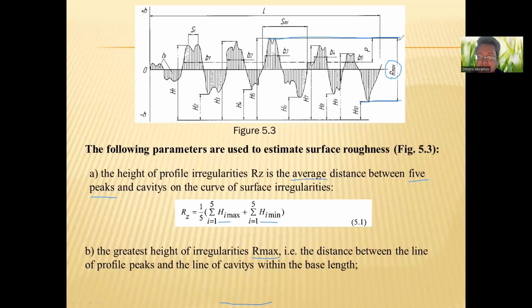And this distance, it's R maximum, the greatest height of irregularities. The distance between the line of profile peaks and the line of profile cavities within the base length. What is the base length? It's this distance. Base length, some millimeters.